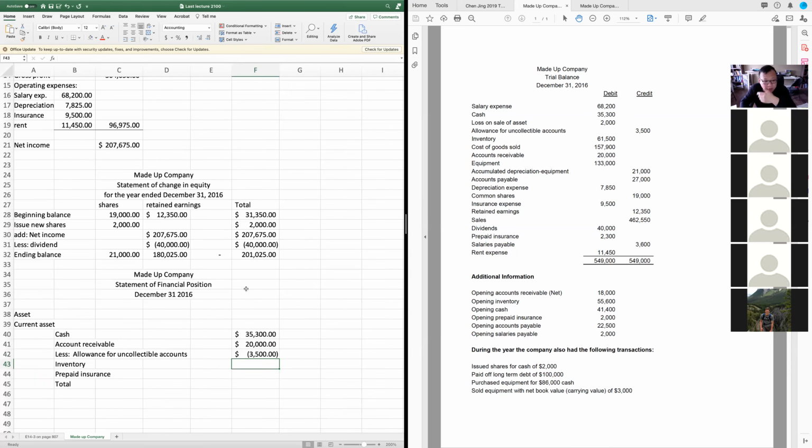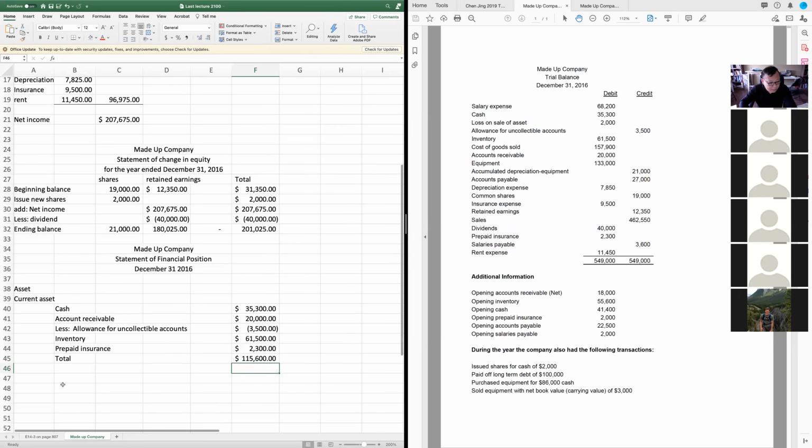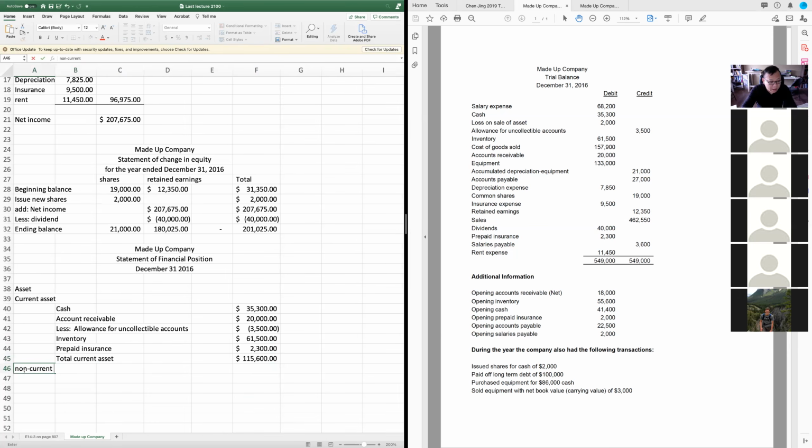Inventory, 61,500. Prepaid expense, 2,300. So my total current asset is this, right? Now let's take a look at a non-current asset.